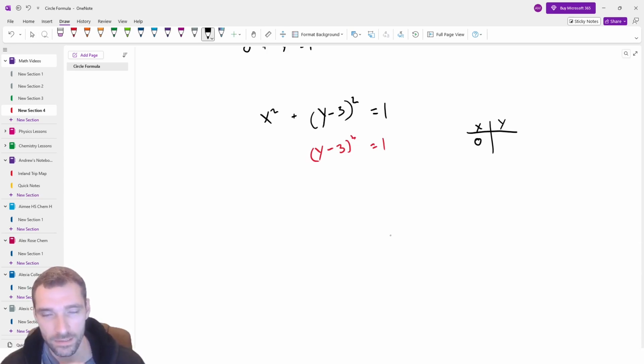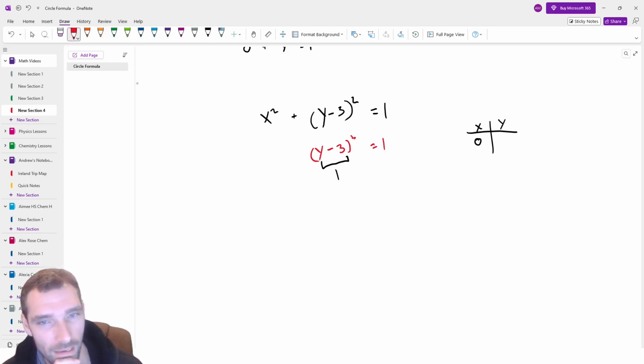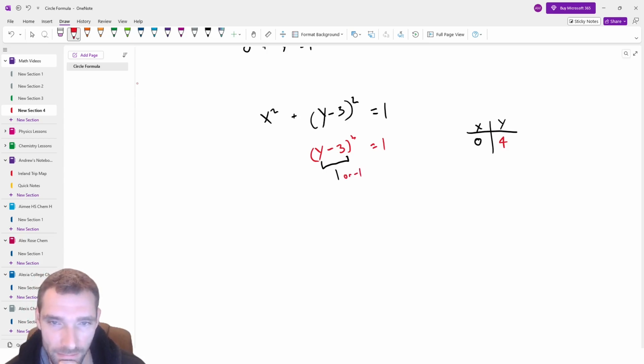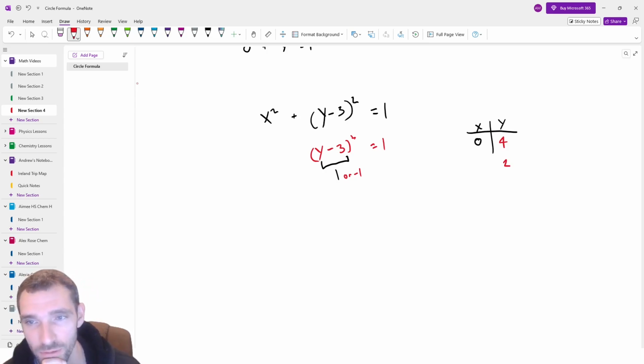So you can see that there's a couple different ways to get this thing to have a value of 1. And so we can think, well, if I've got 4, that works. And then if I want to make this a -1, something minus 3 would get me to -1. So I think that's a 2. So if we have x of 0, now y could be 4 or 2.